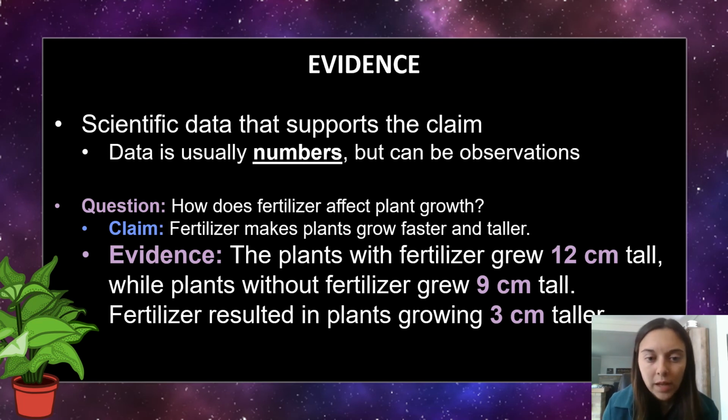Let's look at our fertilizer example. The evidence: the plants with fertilizer grew 12 centimeters tall, while plants without fertilizer grew 9 centimeters tall. Fertilizer resulted in plants growing 3 centimeters taller. Okay, so we used numbers and we basically just restated the evidence we would have had in a data table.